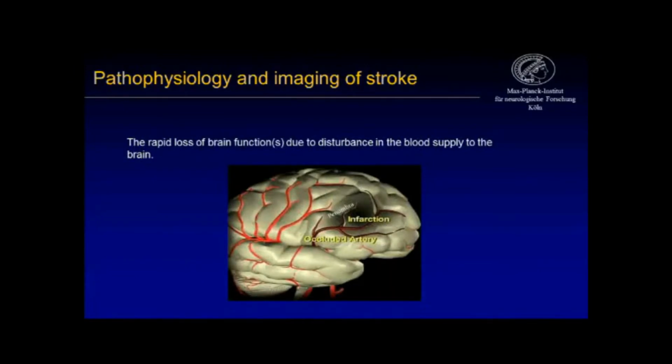So when we consider stroke, this is a problem due to a lack or a reduction of blood flow to a certain area. If you have a clot obstructing the blood flow, everything downstream of this area that is supplied by oxygen and glucose will be affected. This is shown here. You see in the human brain, if you have an occluded artery here, then everything downstream of this would, in the end, start with the core.